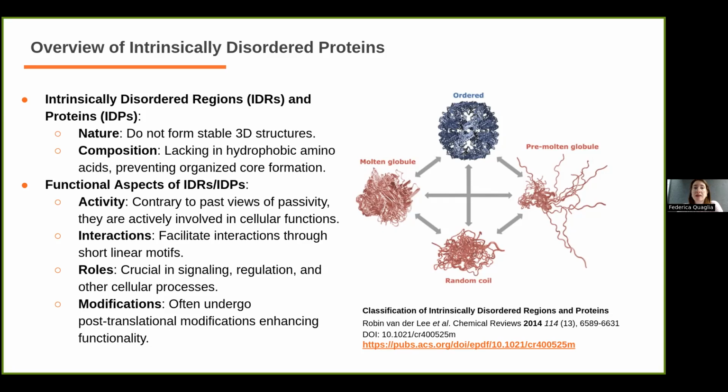Moreover, inside intrinsically disordered regions and proteins, we can find short linear motifs that facilitate interactions with other protein partners. So IDPs and IDRs are involved in signaling, regulation, and many other cellular processes. Finally, they can also undergo post-translational modifications that enhance their functionality.